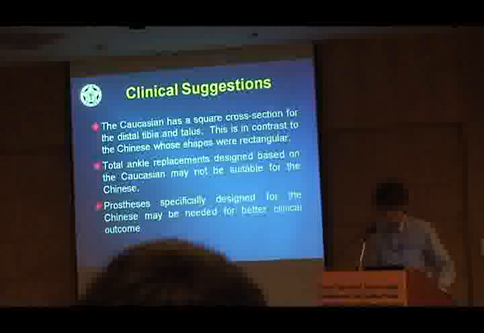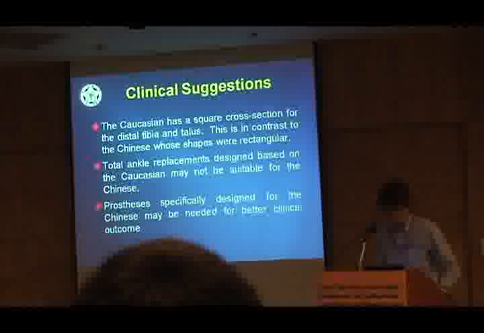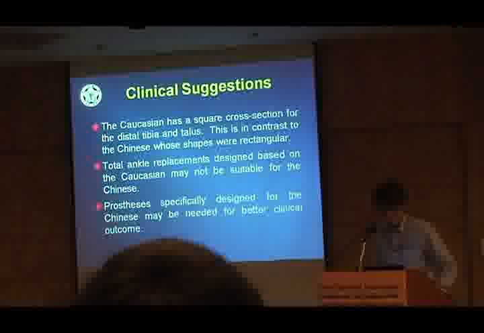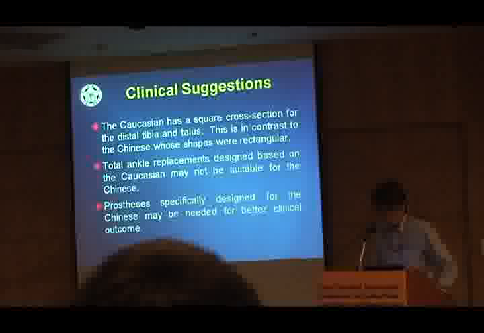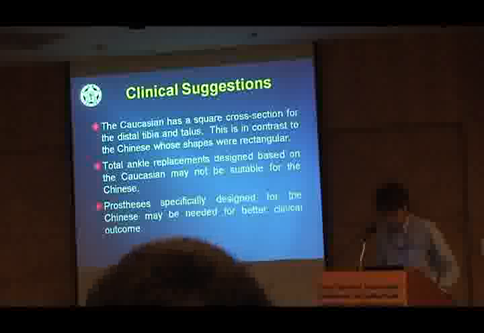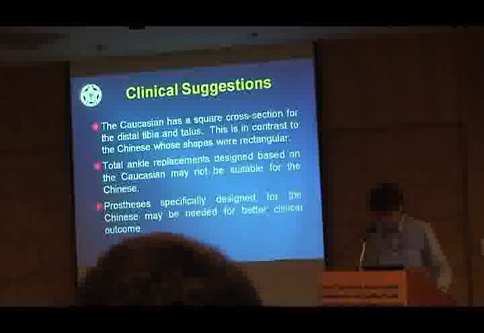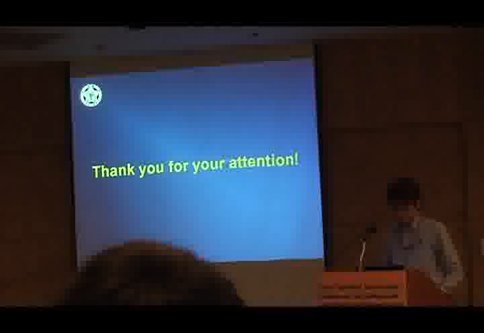For clinical suggestions, Caucasians have a squared shape for the distal tibia and talus, in contrast to the Chinese, whose shapes were rectangular. So total ankle replacement designs based on Caucasians may not be suitable for the Chinese, and prostheses designed for the Chinese may be needed for better clinical outcomes. Thank you for your attention.